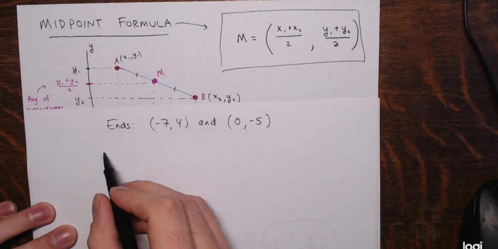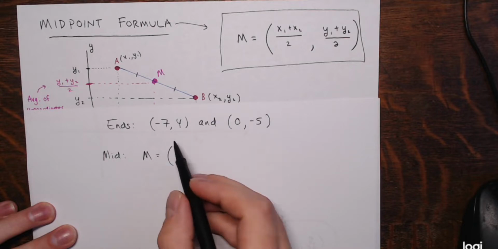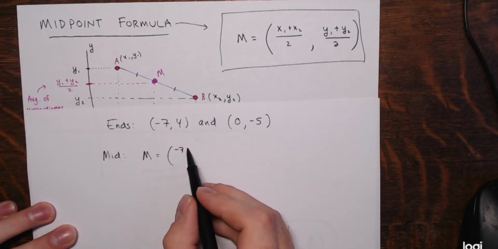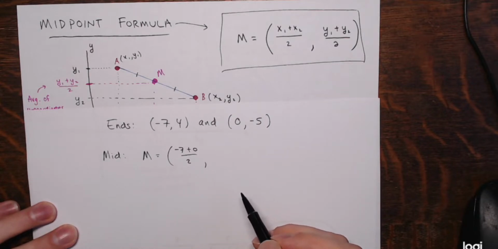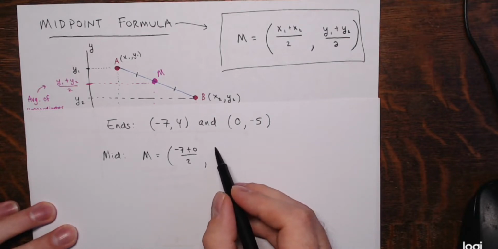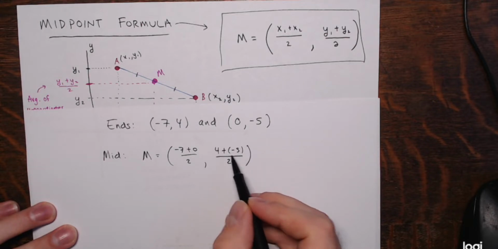So the midpoint, M: the x-coordinate is negative 7 plus 0 divided by 2, the average of the x-coordinates of the endpoints. And the y-coordinate is 4 plus negative 5, then divided by 2, the average of the y-coordinates of the endpoints.